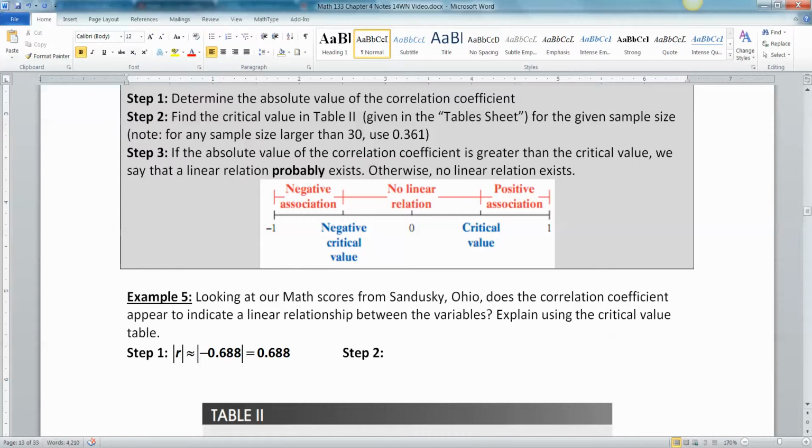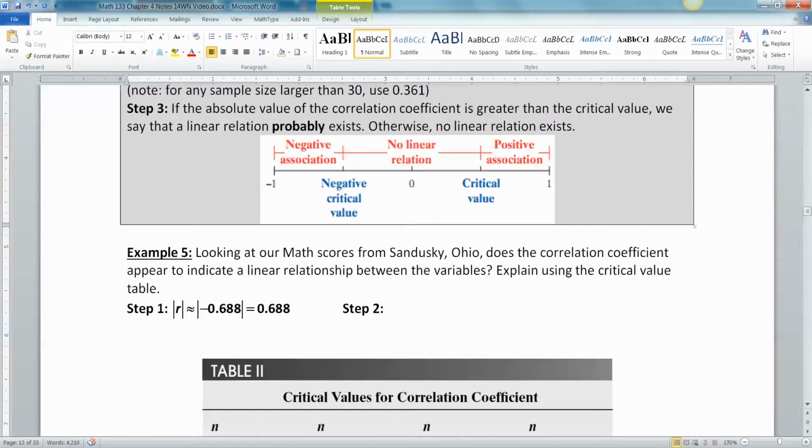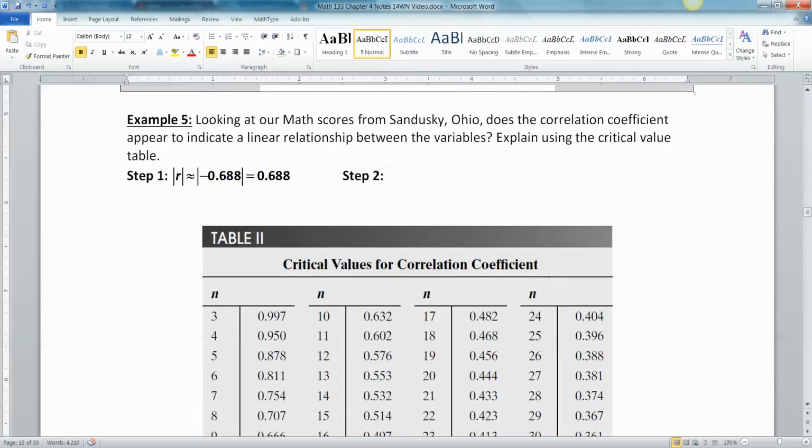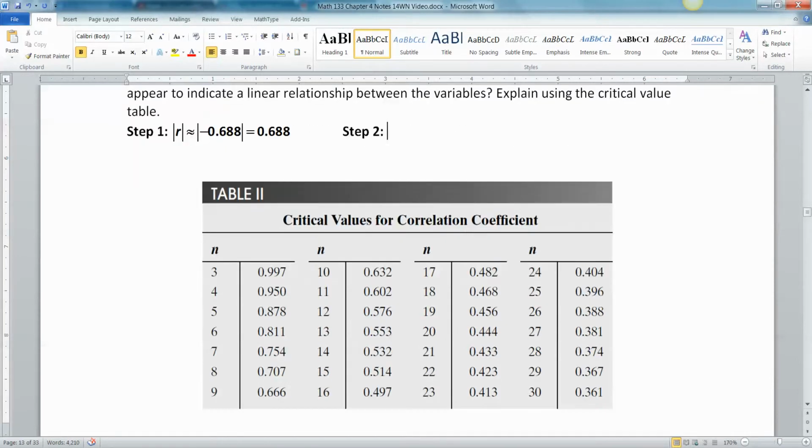Step 2, find the critical value in table 2. Now, this is in your course pack somewhere, but I also have it right here. If you look in the back at the neon orange pages, somewhere in there it should have the correlation coefficient table. You need to figure out your critical value. It's based off of your sample size.